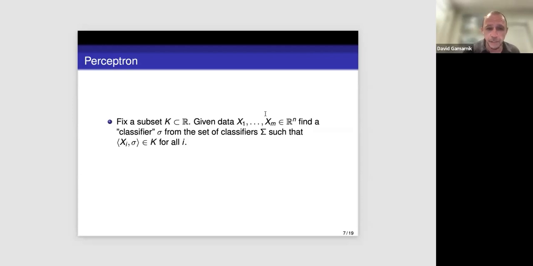We fix a subset here, and this subset is, in our context, going to be an interval. And we have m data points in n-dimensional Euclidean space.